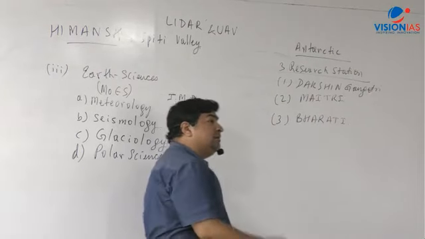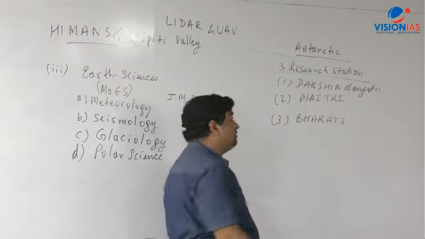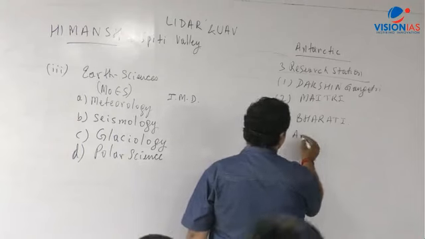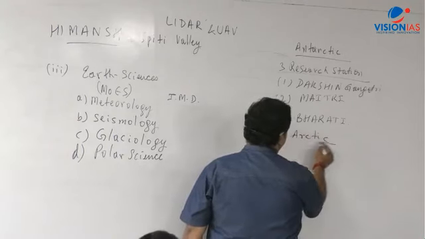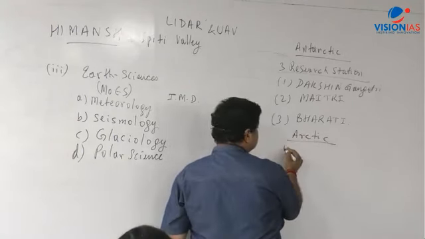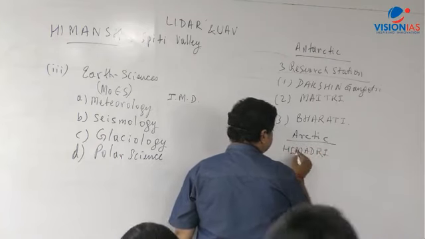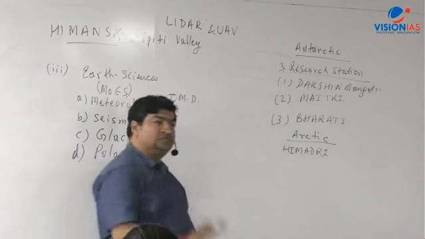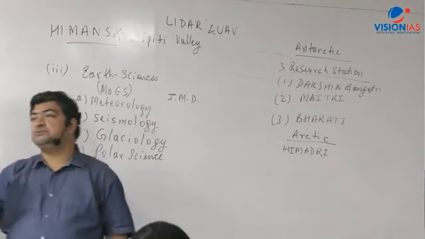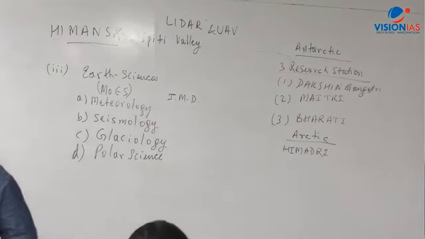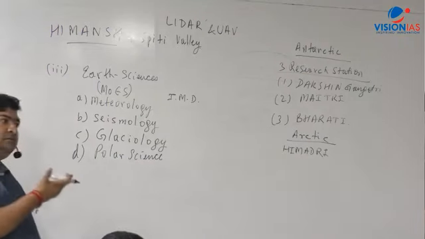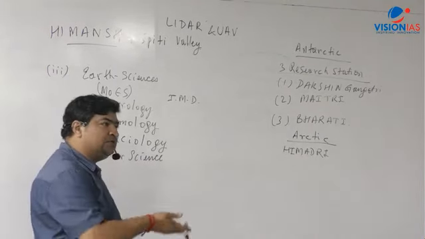And then we also have an agreement with Norway. What do we have in the Arctic, the North Pole? What is the name of the station? Himadri. Did you get that? At the South Pole we have developed 3: Dakshin Gangotri, Maitri, and the current one, Bharati.